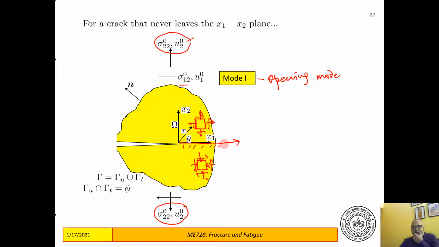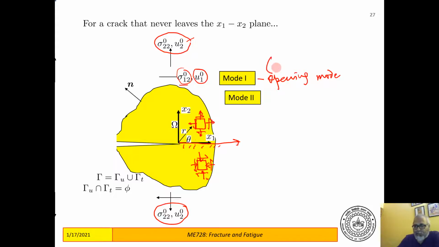The shear is in the same direction, but the normal stresses change sign. That is the perfect antisymmetric mode, and that can be obtained by applying only sigma 120 or only u10 to the right on the top and to the left on the bottom, or vice versa. You can reverse it, in which case it still remains an antisymmetric mode. So this antisymmetric mode or shearing mode is known as mode 2.